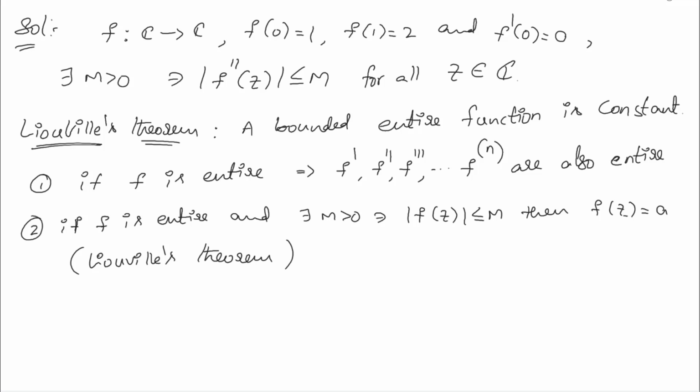So since it is given that f is entire, by the first point we can say f double dash, f triple dash, and any nth derivative of f is also entire. So we have, since f is entire, f double dash is also entire.